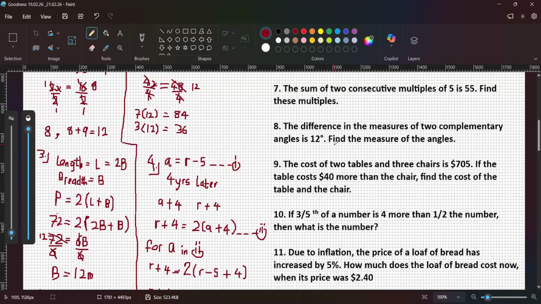So in this case, they tell us that two consecutive multiples of 5 sum to 55. Now, what is a multiple? Can you give me a description of what you understand a multiple to be?